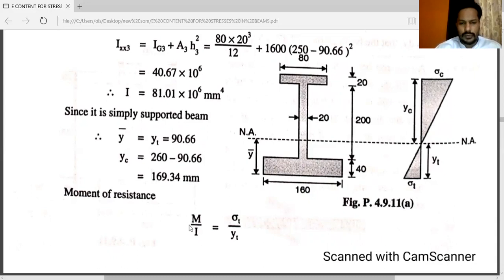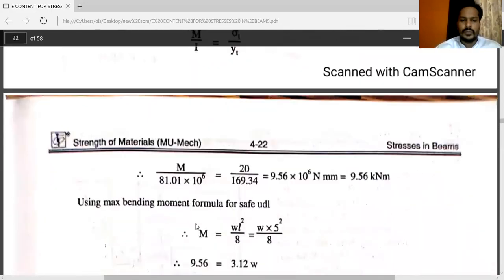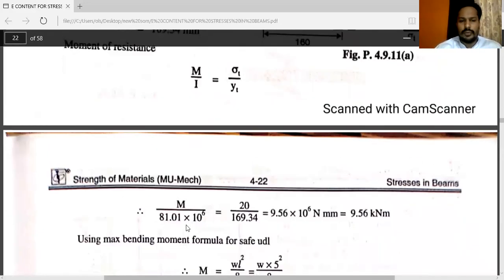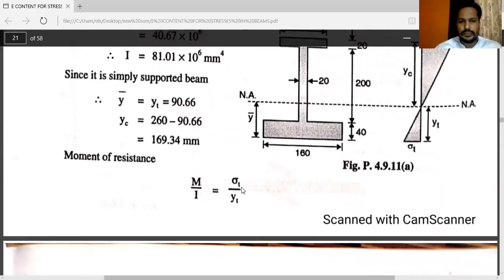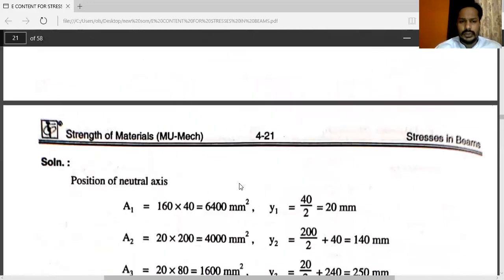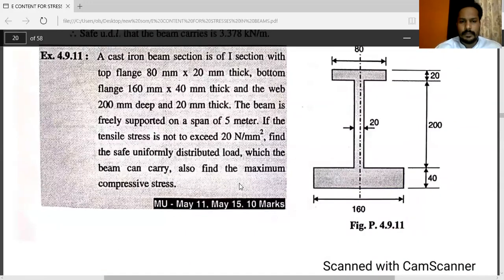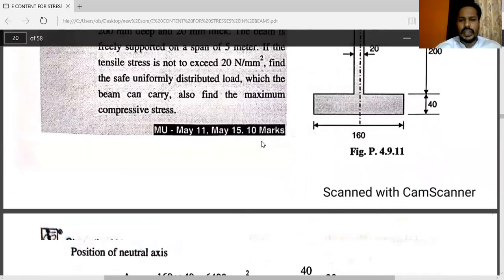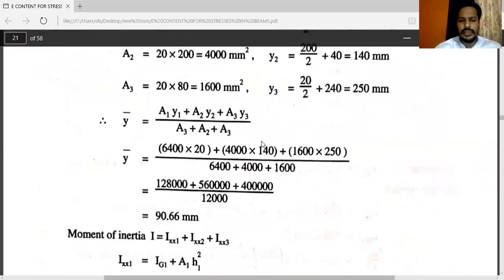Now we have all the values. We have the value of sigma t, we have the value of I, and we have the value of YT. You can calculate the moment of resistance. The moment of inertia we have. Sigma t is given in the problem. You can see the tensile stress is not to exceed 20 Newton per mm square. So we can use 20 as sigma t.